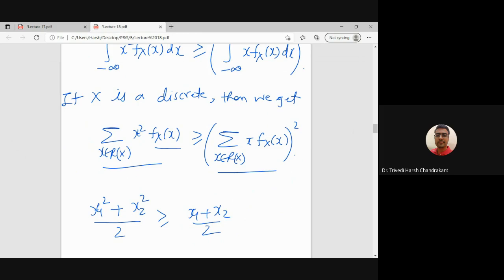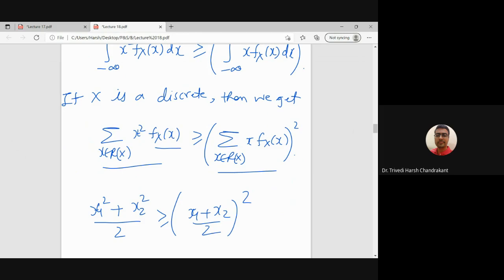So what is (x1 + x2) by 2? That is the arithmetic mean of x1 and x2. And on the other side, we are getting the arithmetic mean of x1 square and x2 square. So there must be a square here. So this type of inequality is essentially Jensen's inequality for numbers.